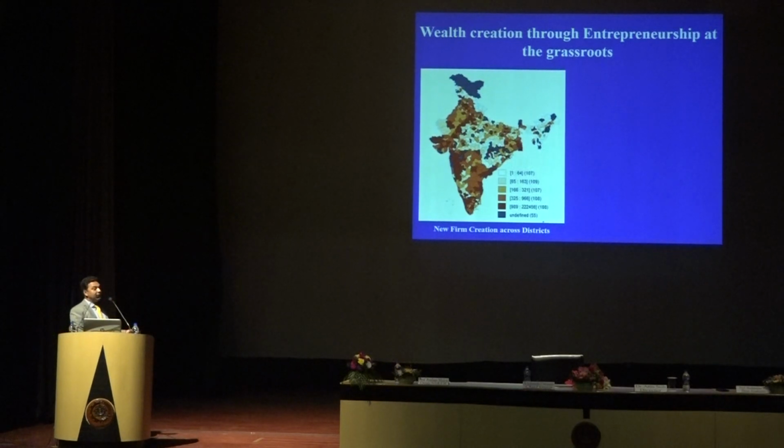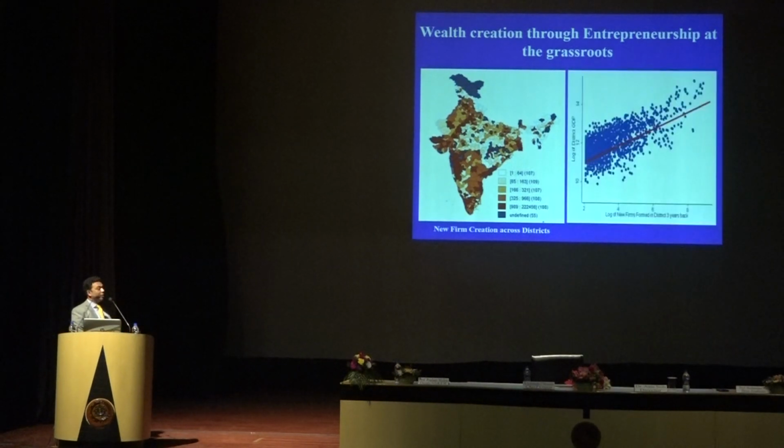And not only are they mushrooming all over India, they're contributing to prosperity at the district level, because what is being shown on the right hand side is the causal impact. Now this is not a correlation. This is the causal impact of firms created in a district 3 years back on district GDP 3 years later.